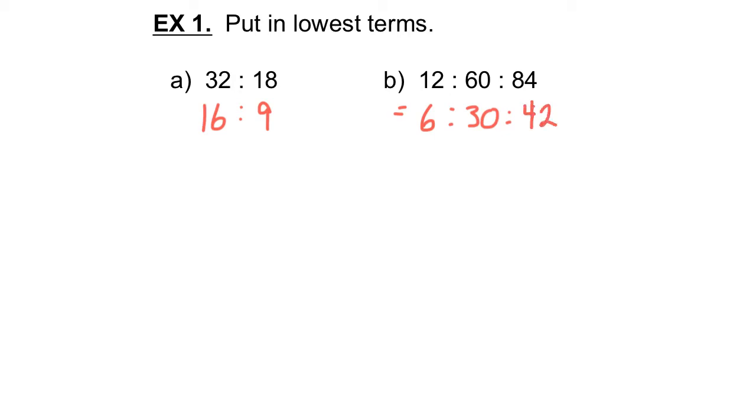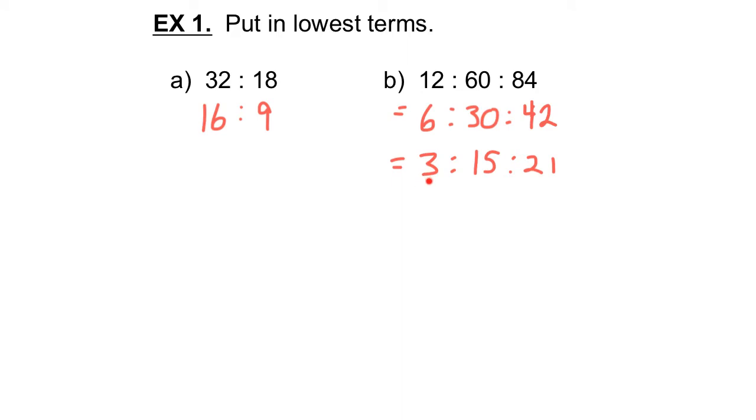And now we notice these numbers are still all even numbers, which means we can divide by 2 again. So 6 divided by 2 is 3, 30 divided by 2 is 15, and 42 divided by 2, half of 40 is 20, half of 2 is 1, so 21. Now here, some people are going to stop because they don't see an even number anymore, which means you can't divide by 2. But look at your smallest number.